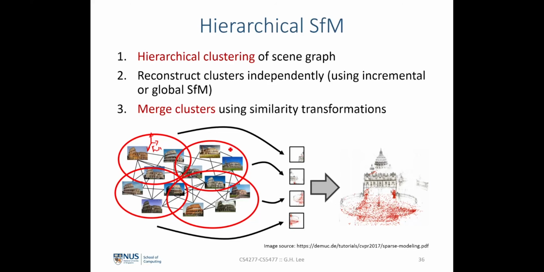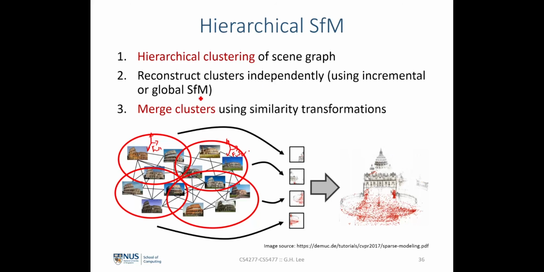All the 3D reconstruction and camera poses would be with respect to another local world frame, which we call FW2, and so on and so forth. Finally, once we have reconstructed all the 3D points and camera poses of each respective cluster, the final step is to merge all these clusters together to form a global 3D reconstruction.